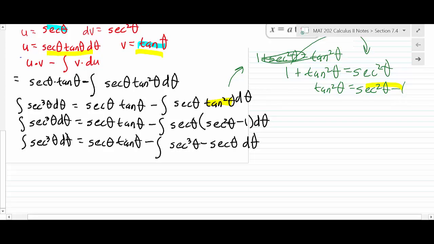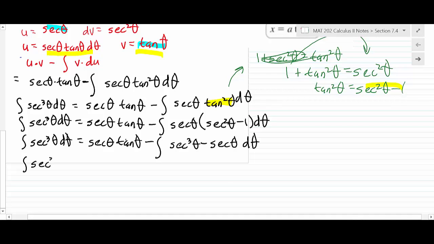Okay, so what we have then is a secant cubed theta right there, and I can split this into two integrals and see where that leads us. I think I'm figuring out where we need to go.